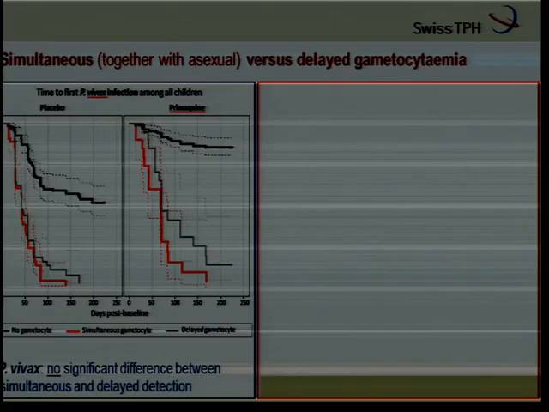That's the primaquine group and the big difference to the placebo group. And here in red we have the simultaneous detection of asexual parasites and gametocytes, and in gray the delay in the detection of gametocytes. There is no difference here in the placebo group and no difference in the primaquine group.